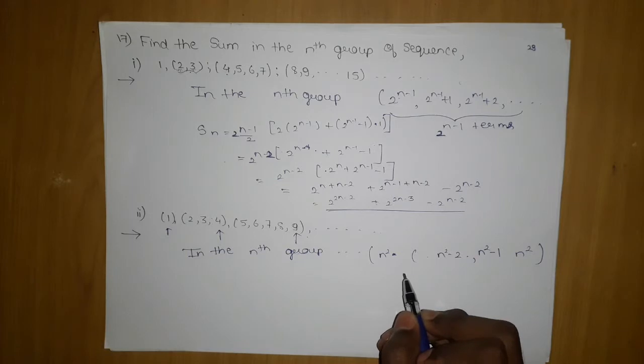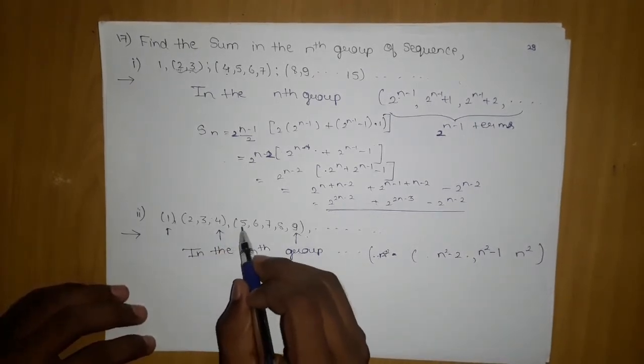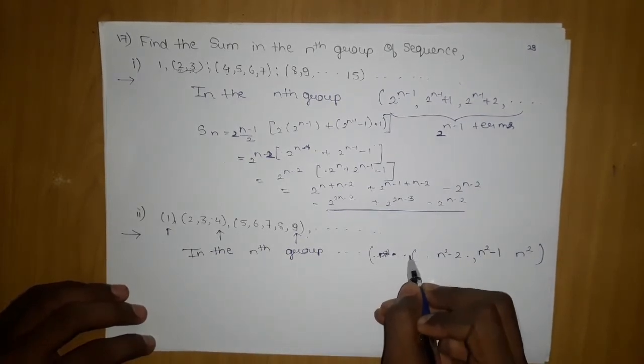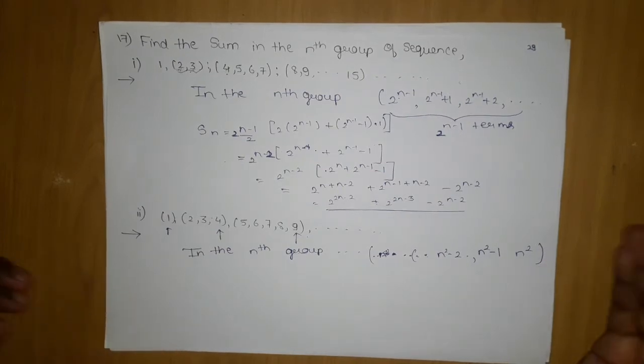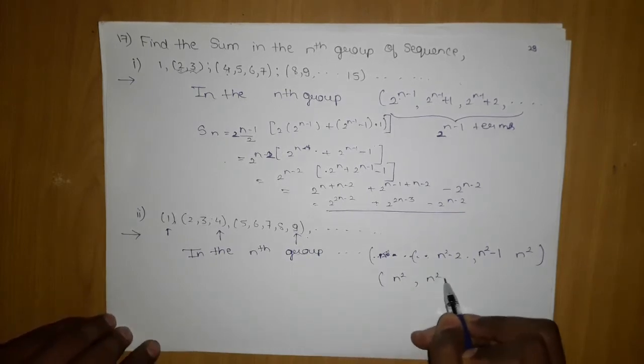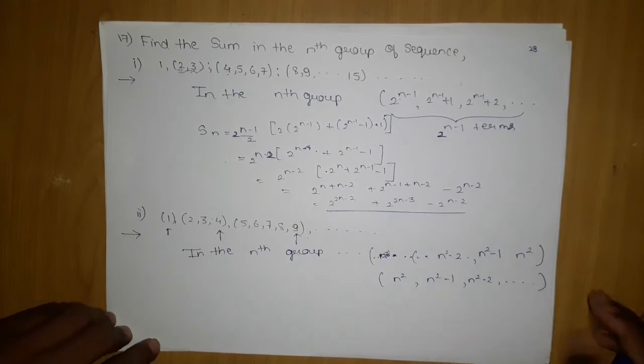We don't know the starting term because there is no fixed pattern. Here it is 2, here it is 5, so we cannot predict any pattern from here, but it is coming from n square and going backwards. Since it is the nth group, I can write it like this: n square minus 1, n square minus 2, just reverse. It is fine, there is no issue in that.